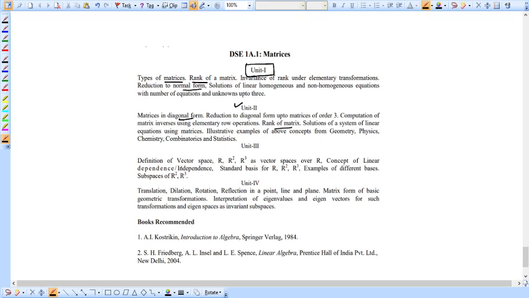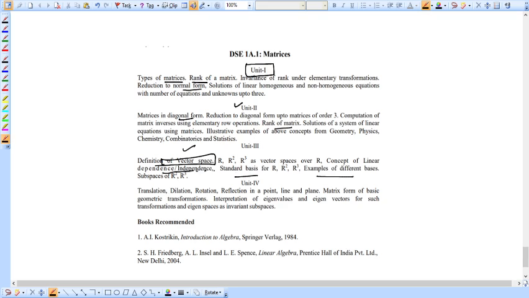In the third unit we will be doing vector space, linear independence and dependence, standard basis, and some examples of vector spaces and subspaces. Those sorts of things will be done in unit 3.